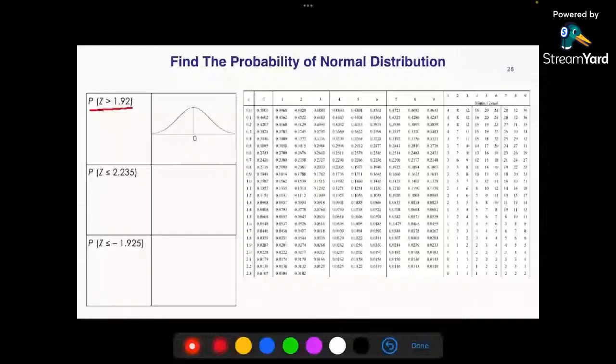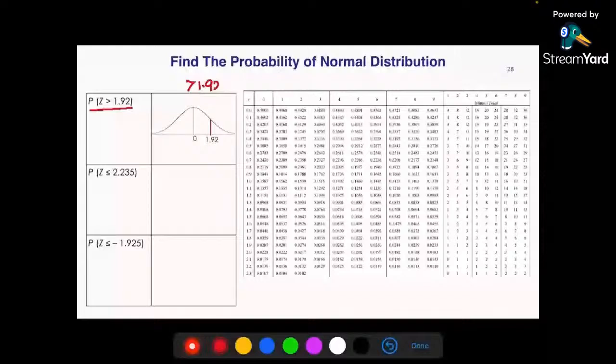Then kita tulislah nilai dia which is 1.92. So bila dia kata greater than 1.92, maksudnya kita kena shade sempadan dia ni, shade di belah kanan. So maksudnya ni nilai dia lah teacher. I shade this region here in blue color.